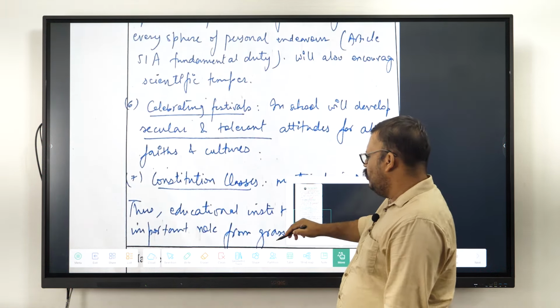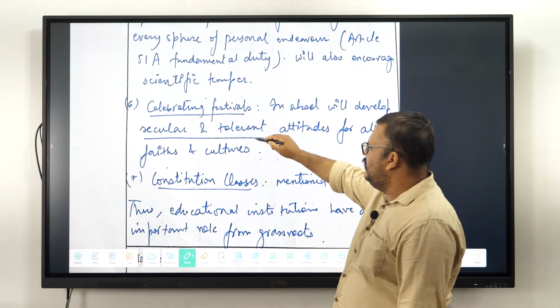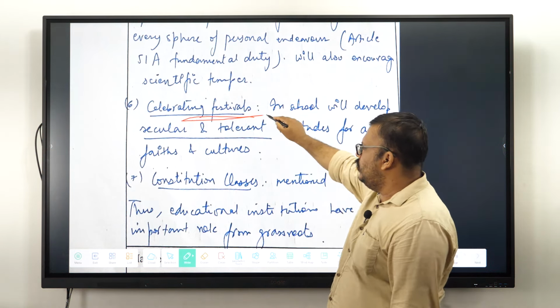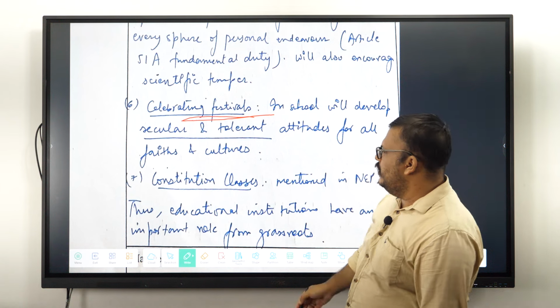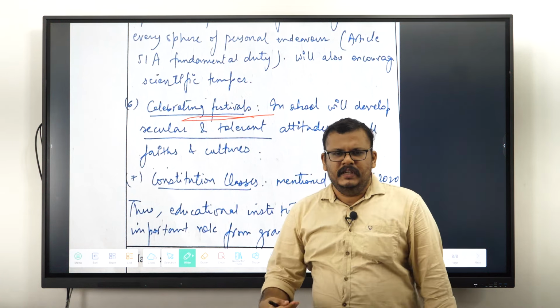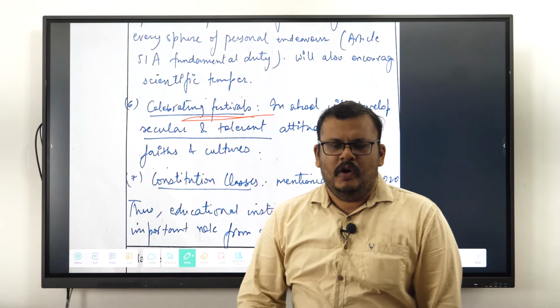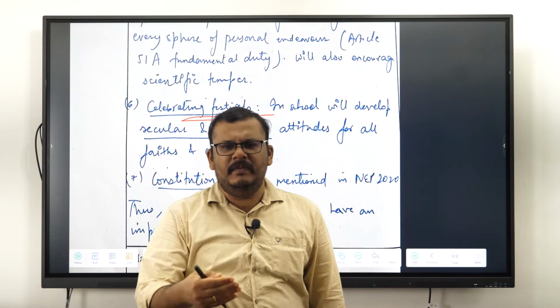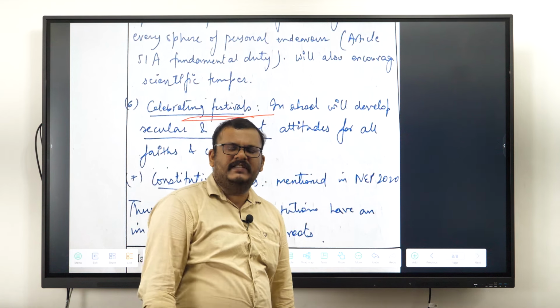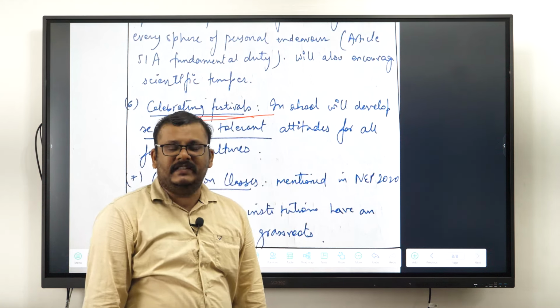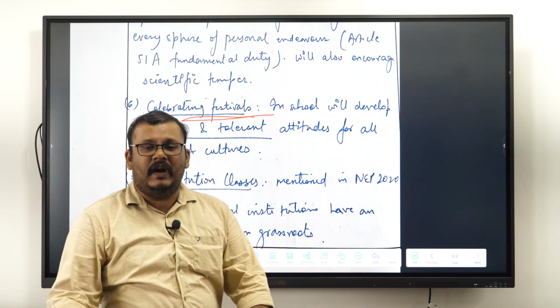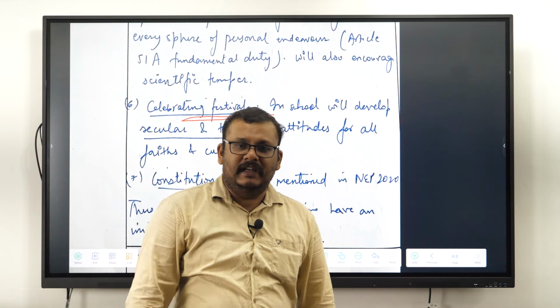Then he is mentioning festivals. Celebrating festivals will also bring values through educational system. So in schools, whenever we celebrate Independence Day, the Republic Day, or the other festivals like Holi, Deepavali, etc., whichever we celebrate, it creates a general feeling of oneness within the society.